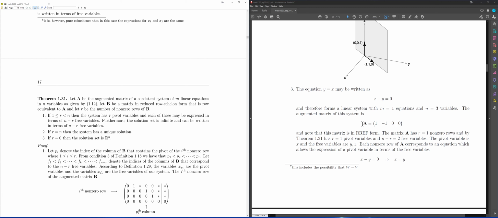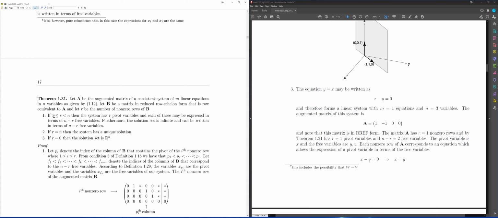But in this particular case, this is already an RREF, so the B over here is actually equal to A. If you apply Gauss-Jordan to get the RREF B, you don't do anything, so the RREF is just equal to A. What you look at is the number of non-zero rows. The number of non-zero rows in this matrix is 1, so you have one non-zero row.